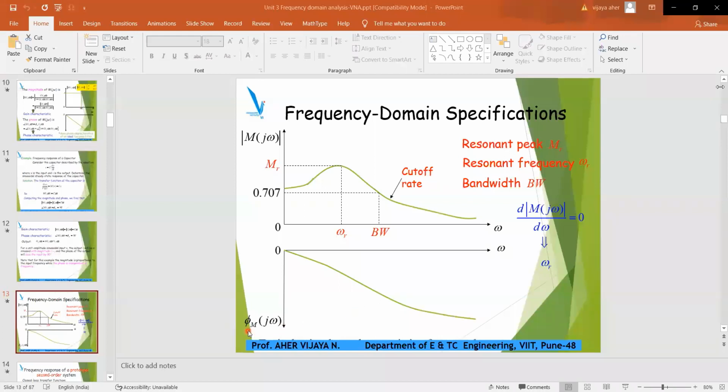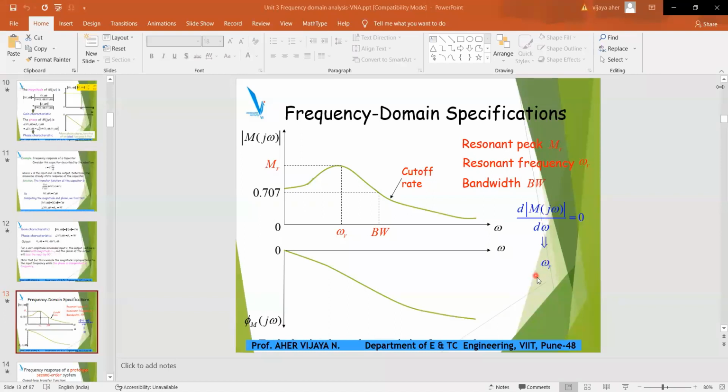Phase is phi m, the phase angle of M(j omega). Phase is equal to 90 degree, so you can plot this phase. So you have to remember the frequency domain specifications: resonant peak denoted by Mr, resonant frequency denoted by omega r, and bandwidth denoted by BW. Now how do we find this omega r?